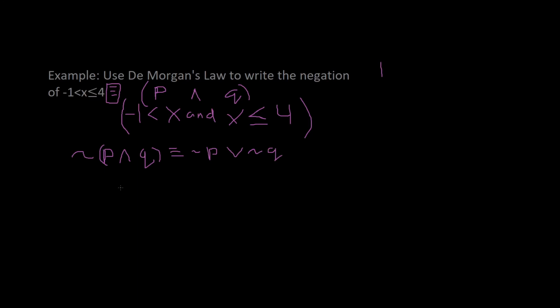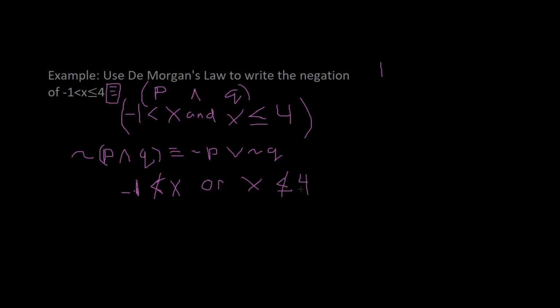It's going to be the negation of this: -1 is not less than x, because that's just the negation of P. And it's going to be or, because we flipped it. And then x is less than or equal to 4.